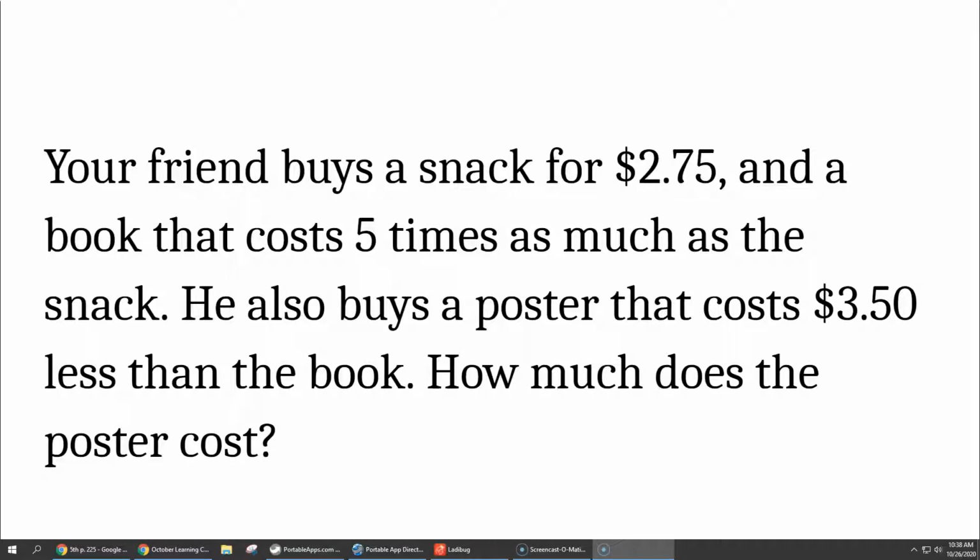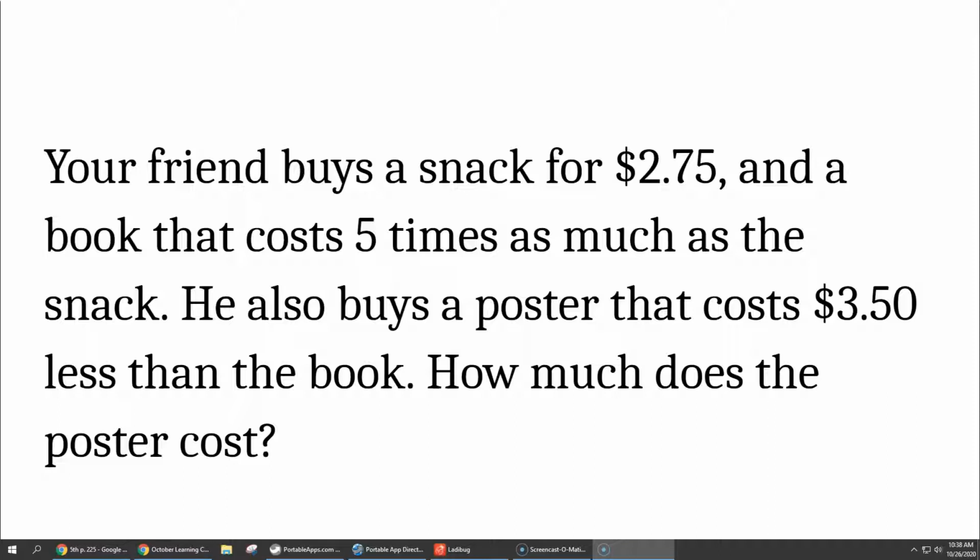Your friend buys a snack for $2.75 and a book that costs 5 times as much as the snack. So already you should be thinking about $2.75 times 5 to get the cost of the book. He also buys a poster that costs $3.50 less than the book.